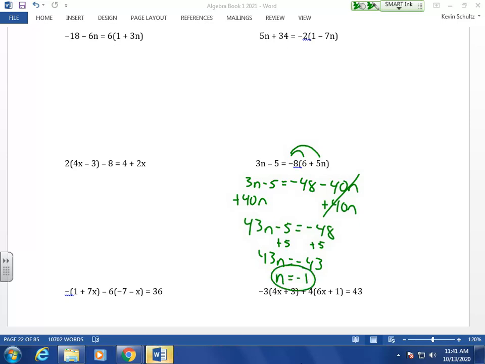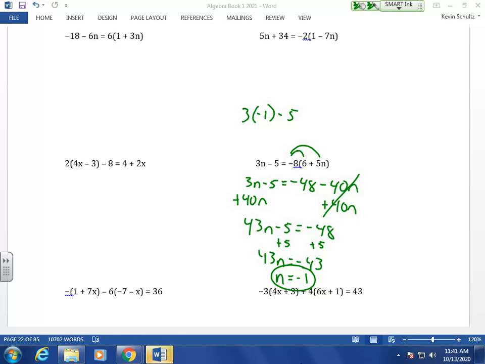Now for checking this, you are able to use a calculator, and there's no reason why you shouldn't use one here to quickly and easily check this. In your calculator, just put in -1 for n. 3 times -1 minus 5. You can either use the multiplication symbol or you can put -1 in parentheses.